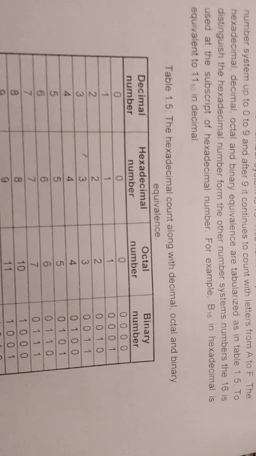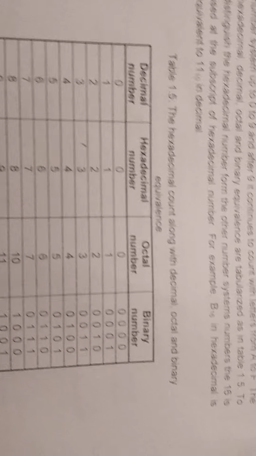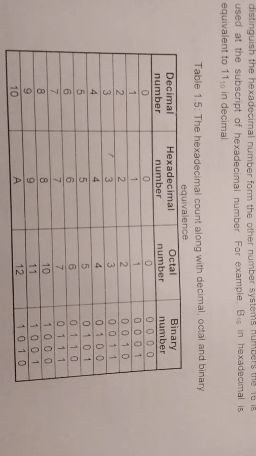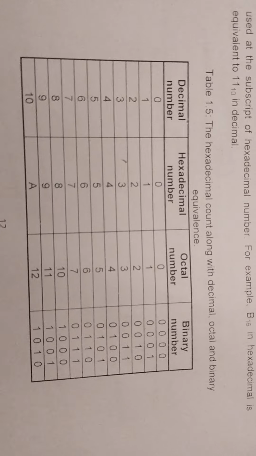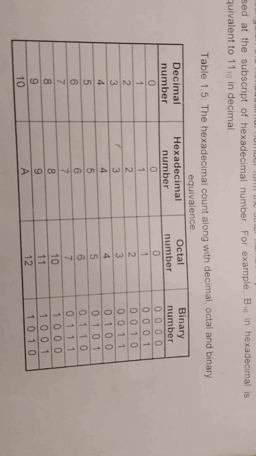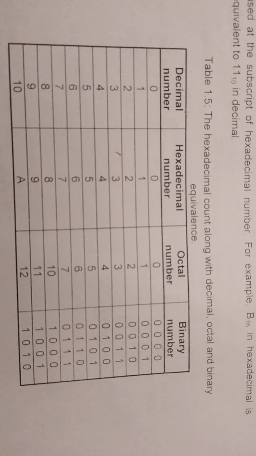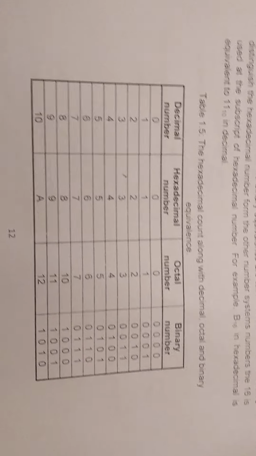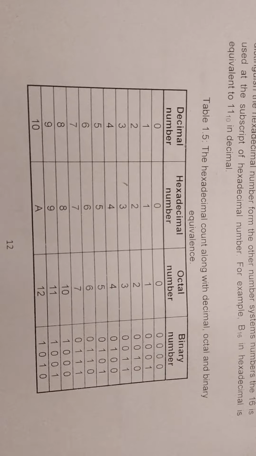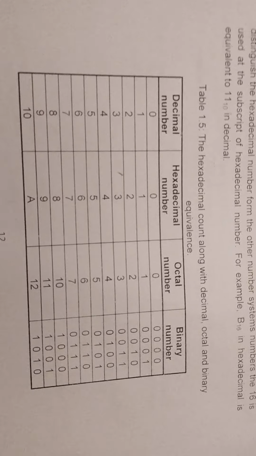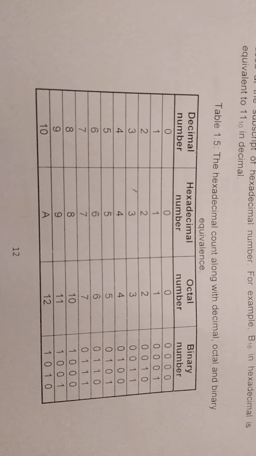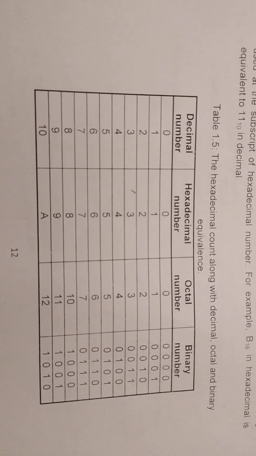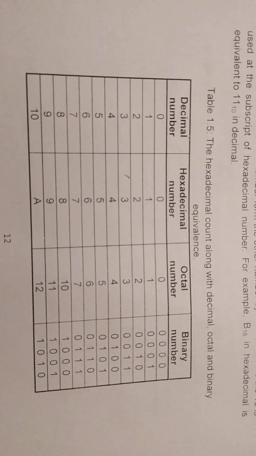For example, B16: B is the hexadecimal number and 16 indicates the base or radix of the hexadecimal number. B in hexadecimal is equivalent to 11 in decimal. That means 11 is the decimal number, the hexadecimal number is B, and it is equivalent to the decimal number 11.